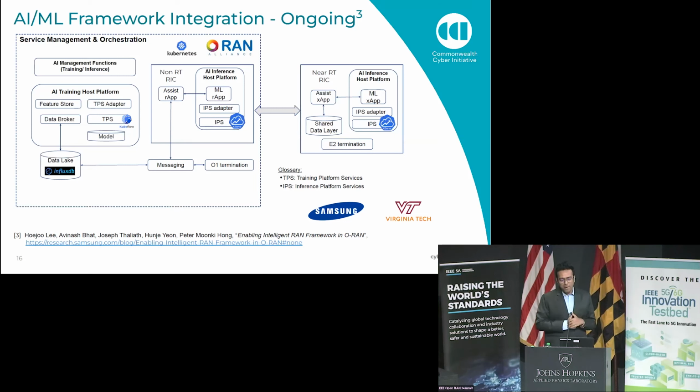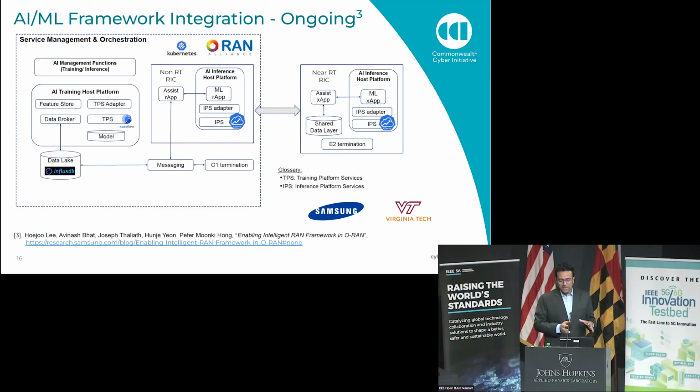So in this deployment, the idea is that the inference will be in both the near real-time rig and the non-real-time rig. In the near real-time rig, there will be an inference platform based on KServe, which is also open source. On the non-real-time rig as well, there will be an inference host based on KServe.